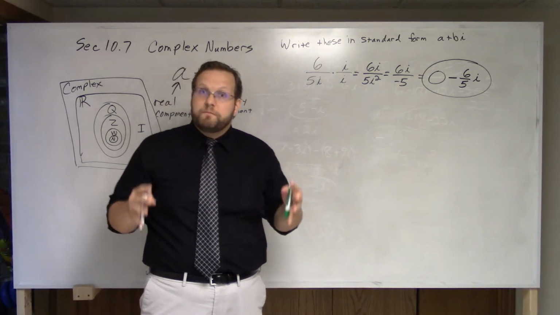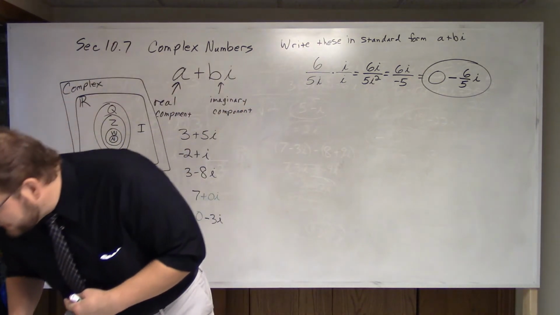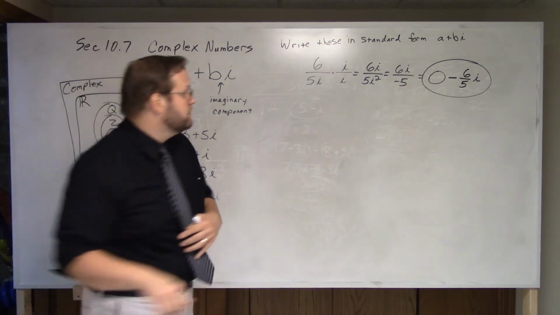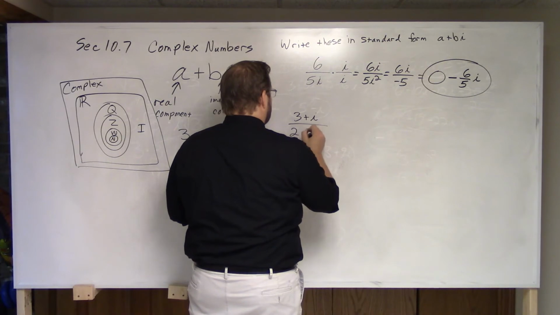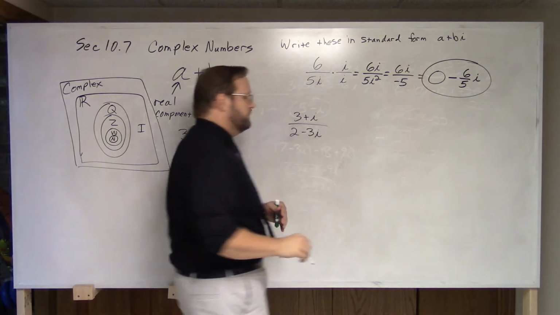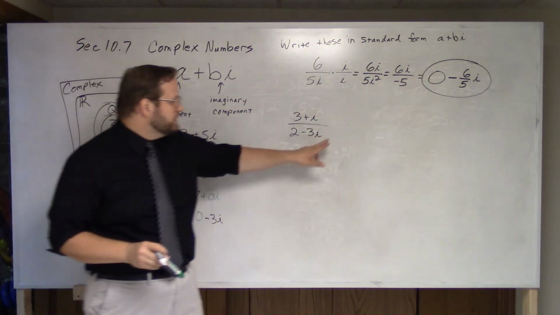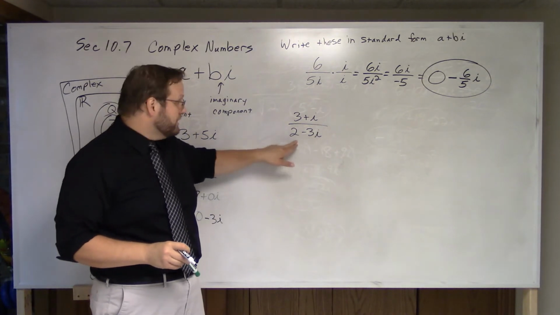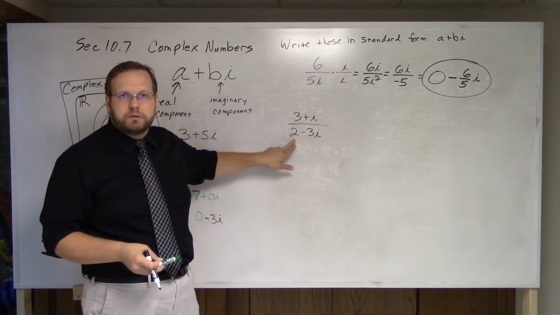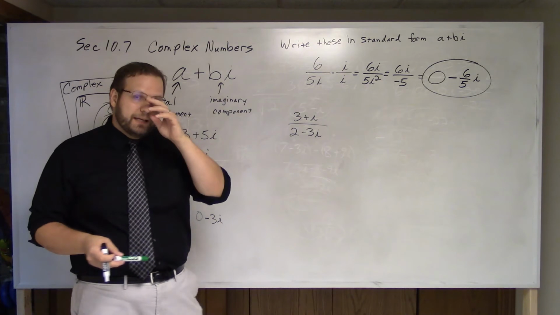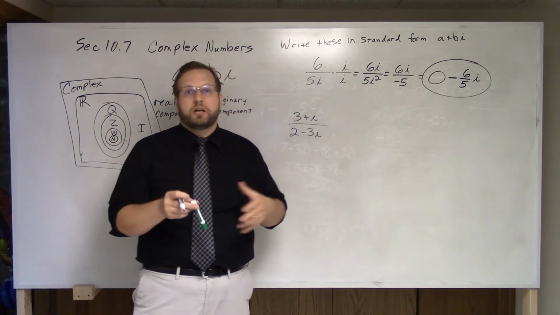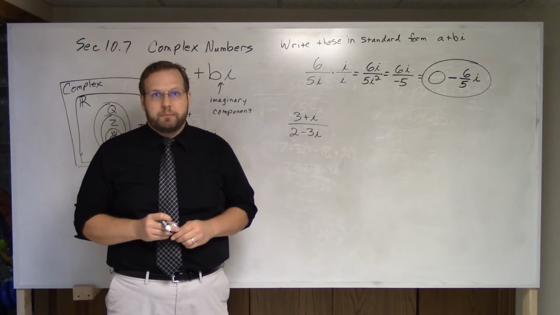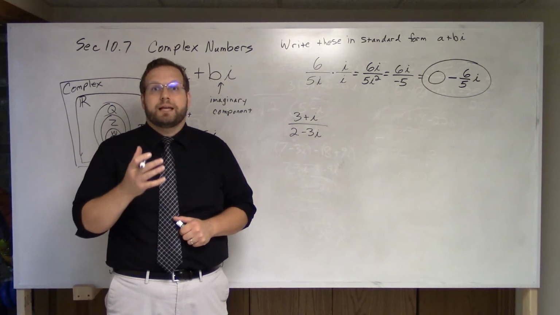What happens when you have a full complex number? Let's say you have something like that. I don't want to multiply by i because then I would be distributing and then I'd end up with an i on the 2. So what I'm going to do is the same basic thing I did with rationalizing, just a general radical in the denominator. And that's when we used the conjugate.